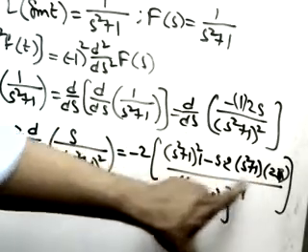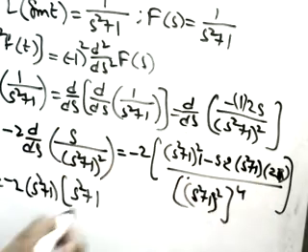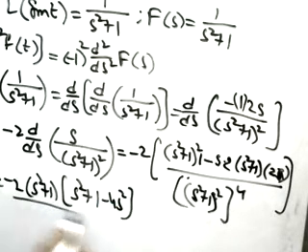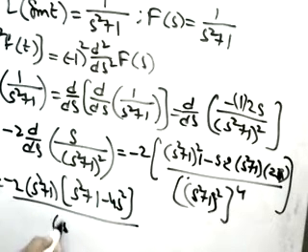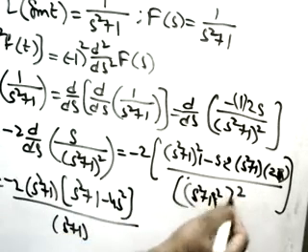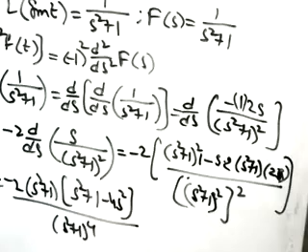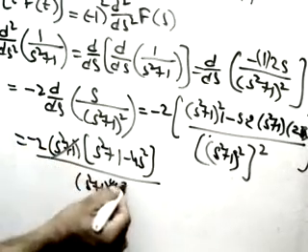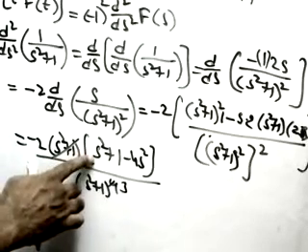Now you see here we have taken common s square plus 1. What is left? 2, 2s of 4, s into s square minus 4s square, divided by what we are having here, s square plus 1 whole power, sorry, here it is 2, 2, 2s of 4. Now see here, let me cancel this one. If you cancel this, you are left with 3.